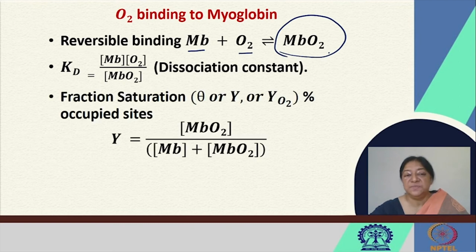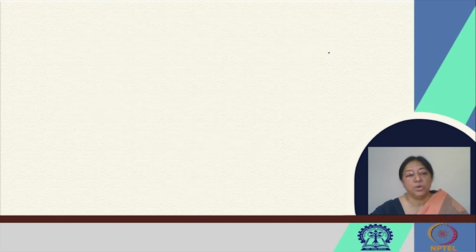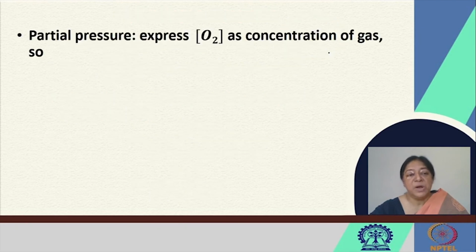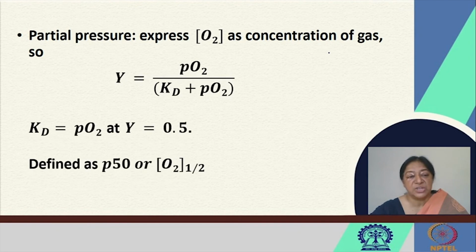So we have a specific fraction that is associated with the occupied sites, and from that, given the pressure of oxygen, we can find out the fraction of sites that are occupied. So the partial pressure, that is the O2 concentration given here, can be expressed as this fraction, and we can get the fraction that is occupied, half of the sites occupied, which is defined as the P50 or the O2 at half.